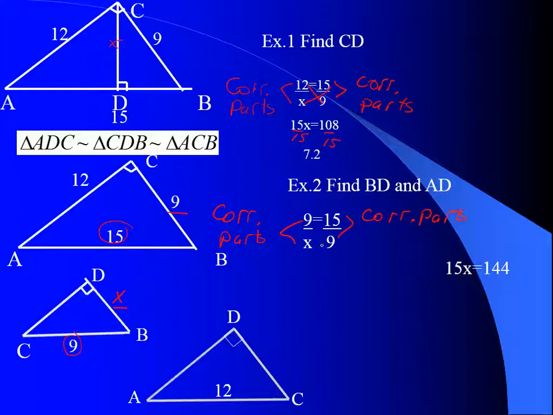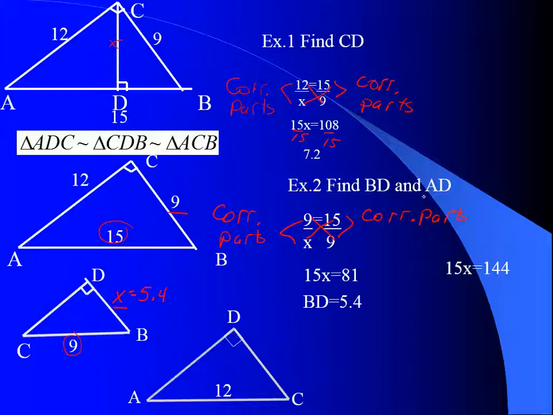You know what to do from this point on. It's getting these numbers in the right position. If you move them around, you're not going to get the right answer. So when I cross multiply here, I get 15x and 81. When I divide by 15, I get 5.4. So right here, side BD is 5.4.